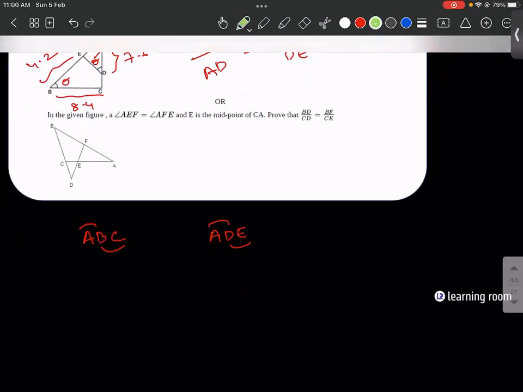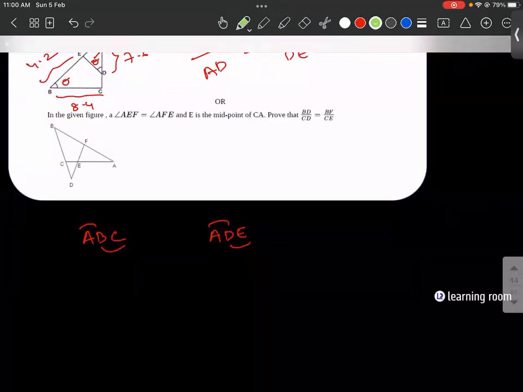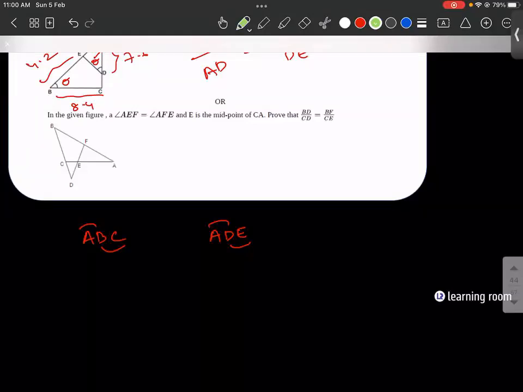Did anybody do the next one? In the given figure, angle AEF is equal to angle AFE, so it forms an isosceles triangle, and E is the midpoint of CA. The diagram doesn't look like that, but yes, E is the midpoint of CA.